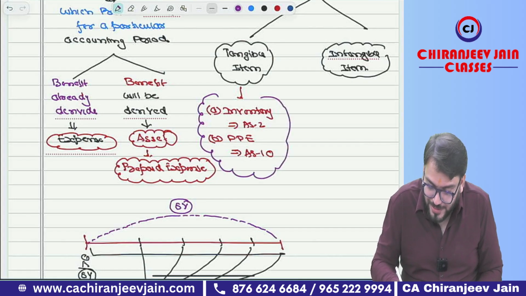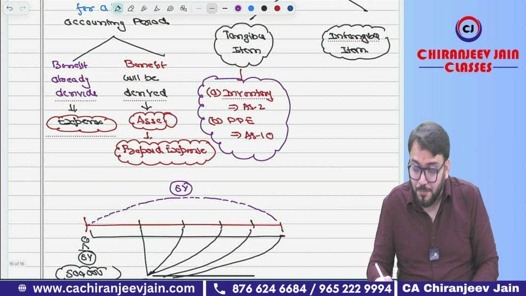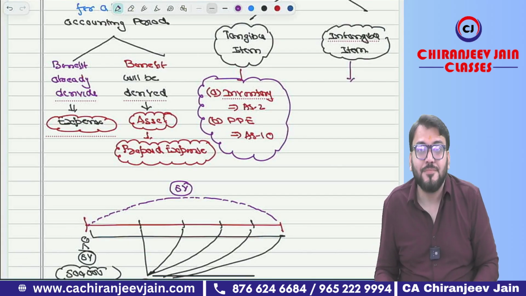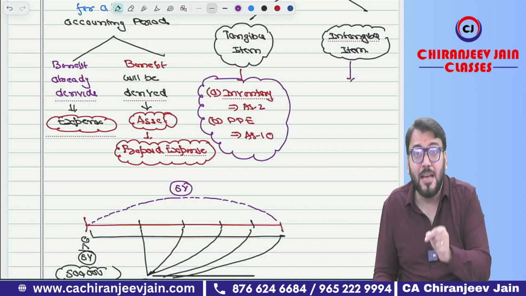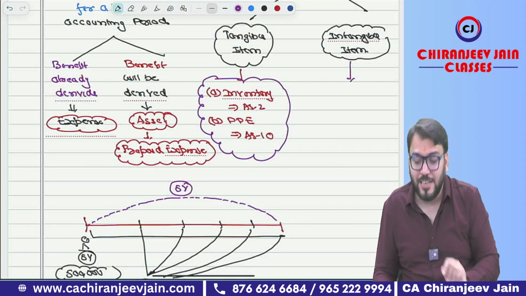I am not focusing on tangible item. But if it is on intangible item, then AS26 will be applicable. Now AS26 says apply definition and recognition criteria.